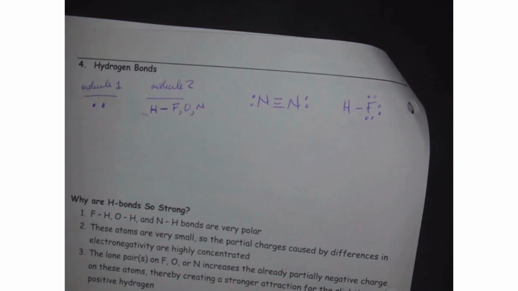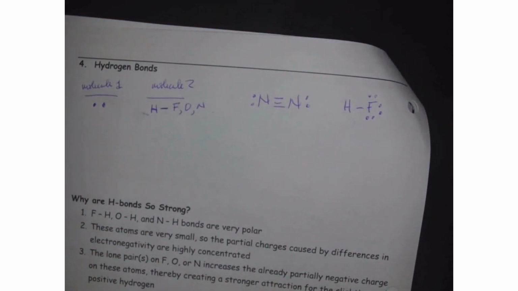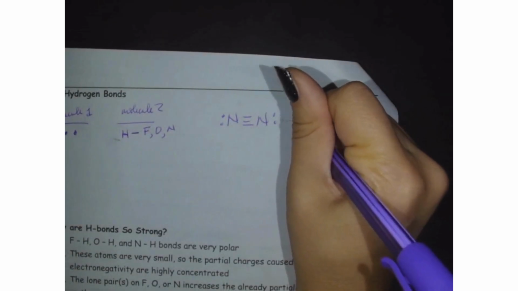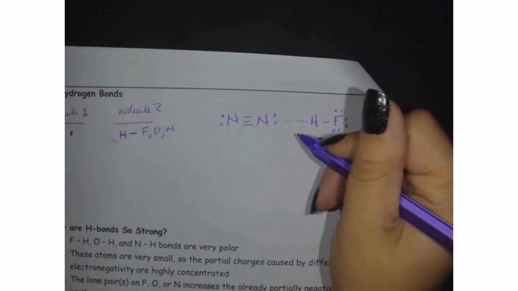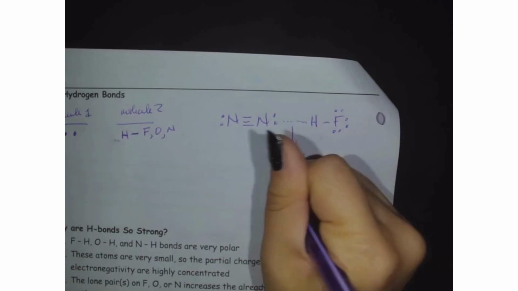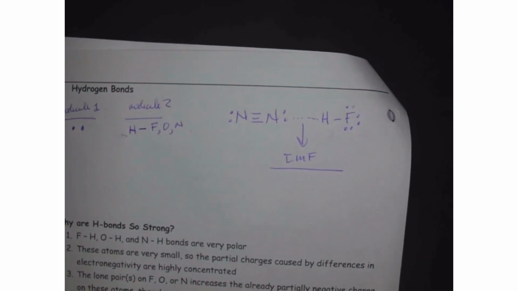Okay. Just by the fact that these are two molecules means there's going to be some type of IMF between them. There's going to be some kind of attraction between these two molecules. Let's talk about what this attraction might be.